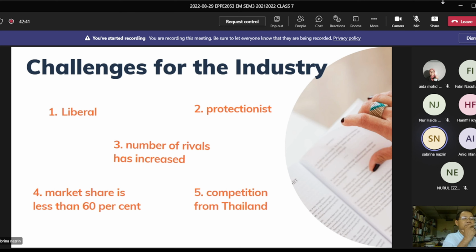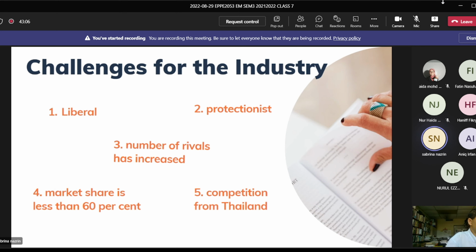Next is external changes. The first one is the number of rivals has increased, which is the liberalization of the automotive market following AFTA. The number of rivals has increased the stress on the local industry.